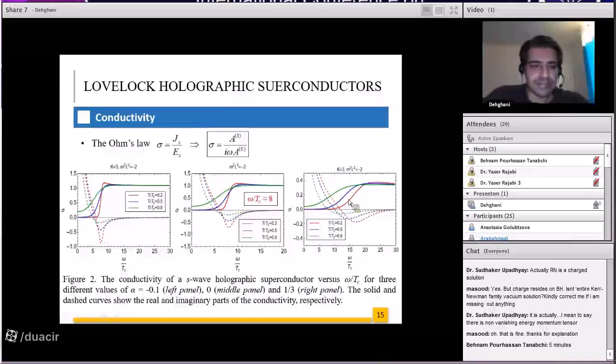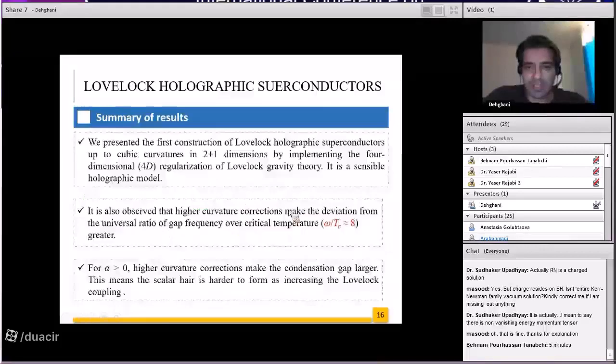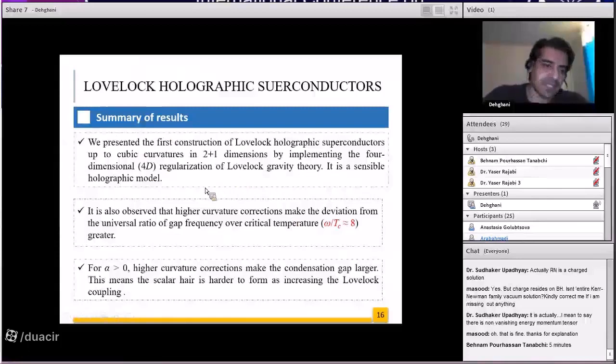We can depict conductivity versus frequency. This is frequency over critical temperature, and for the Einstein gravity, we observe a universal ratio, but for Lovelock coupling having positive values, we see greater values, and for negative coupling, we see smaller.